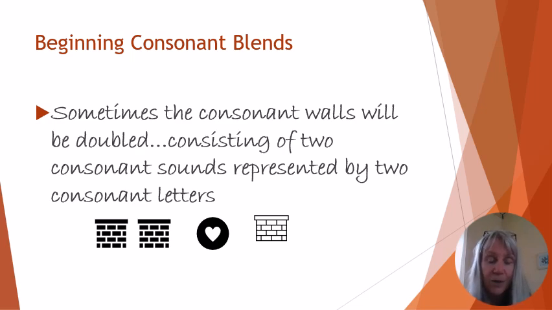And we'll see here that we have 2 brick walls at the beginning of our word part, then we have our vowel sound, and then we have one single ending consonant sound. So those double brick walls represent a double consonant blend, okay? 2 written consonants, 2 different graphemes, and 2 different sounds before the vowel sound.